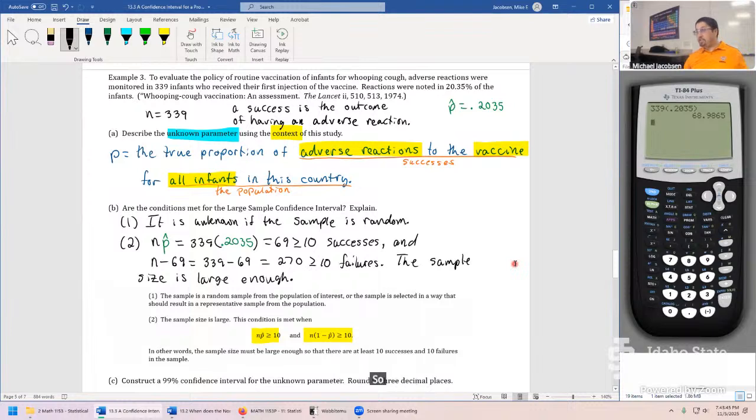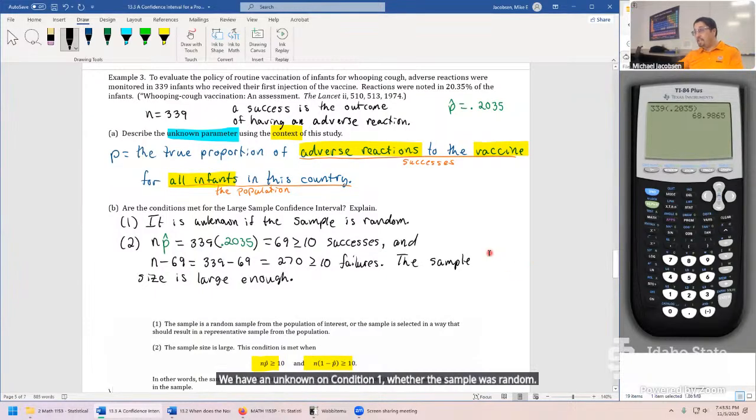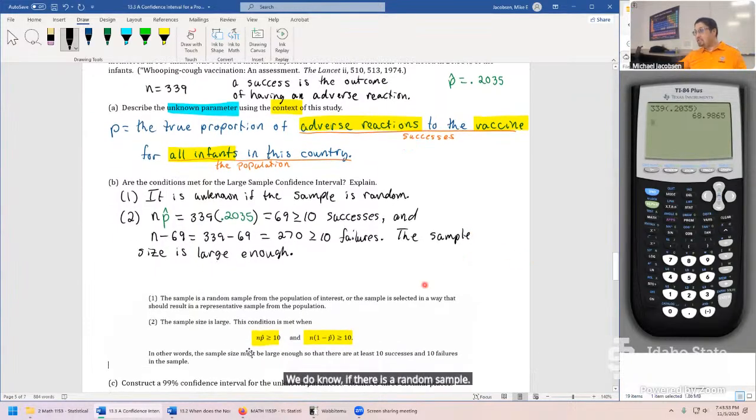So that's our major conditions that we were checking. We have an unknown on condition one, whether the sample is random. We do know if it is a random sample, these two conditions are met at least, because the sample was large enough to produce the right amount of successes, right amount of failures. So you could end the problem right here, but sometimes it's good to give just an overall assessment.